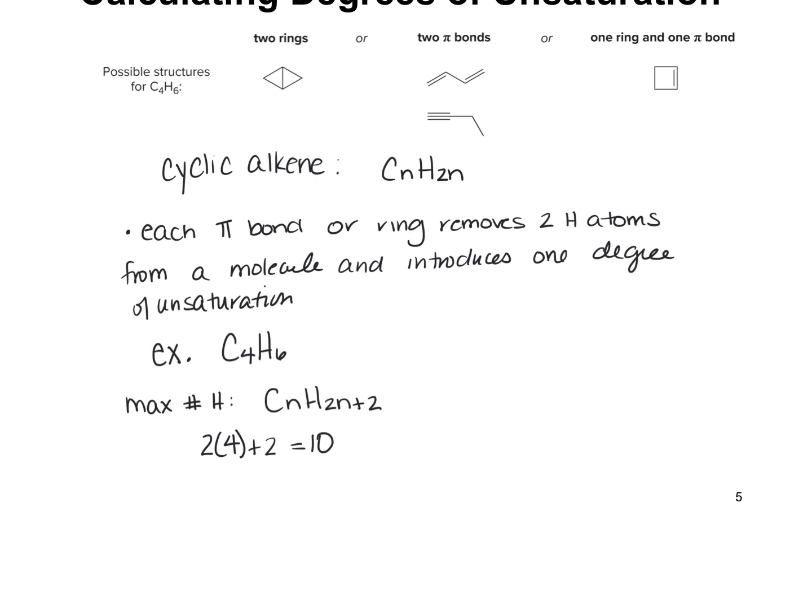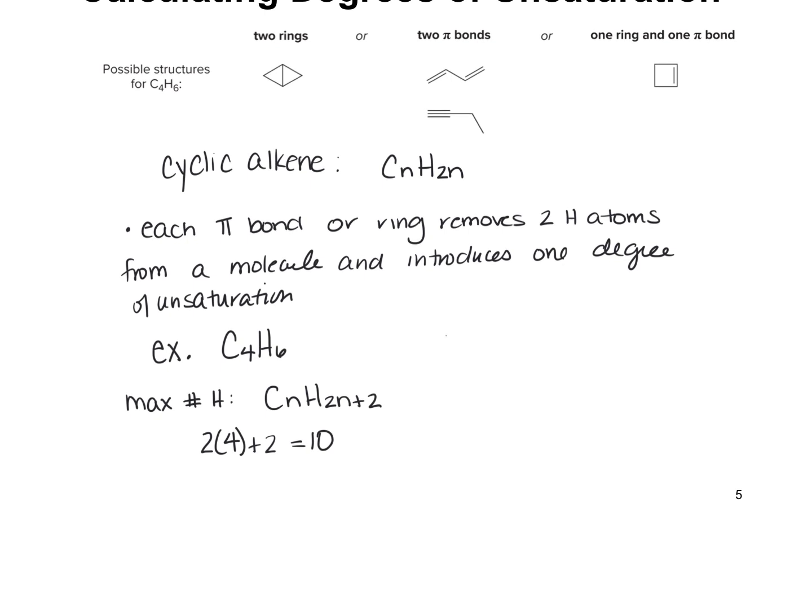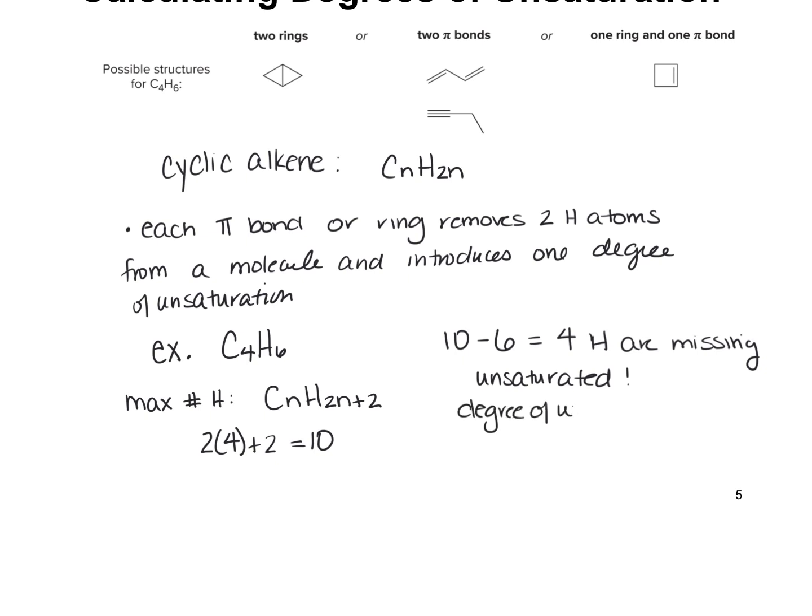Okay, then we take the 10 and subtract the 6, and that means 4 hydrogens are missing, right? And so that means it's first off unsaturated. And so to figure out the degree of unsaturation, there's 1 degree of unsaturation for every 2 hydrogens. So we take 4 and divide it by 2, and that gives us 2 degrees of unsaturation.